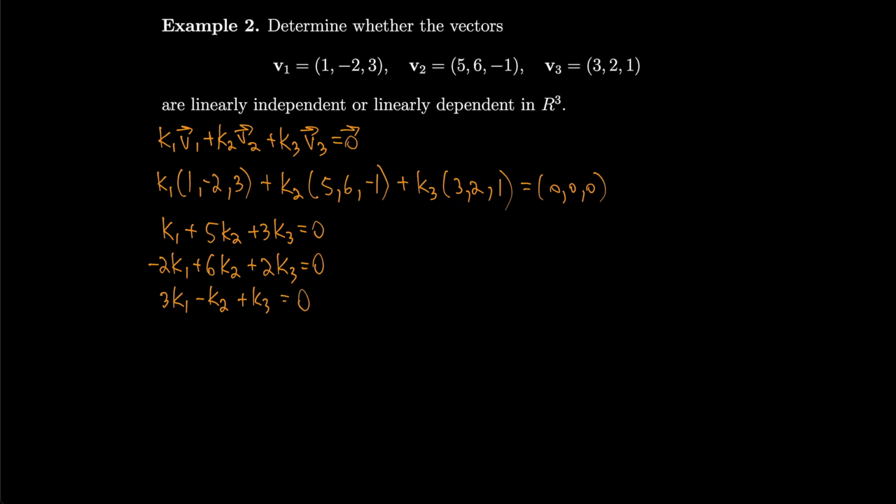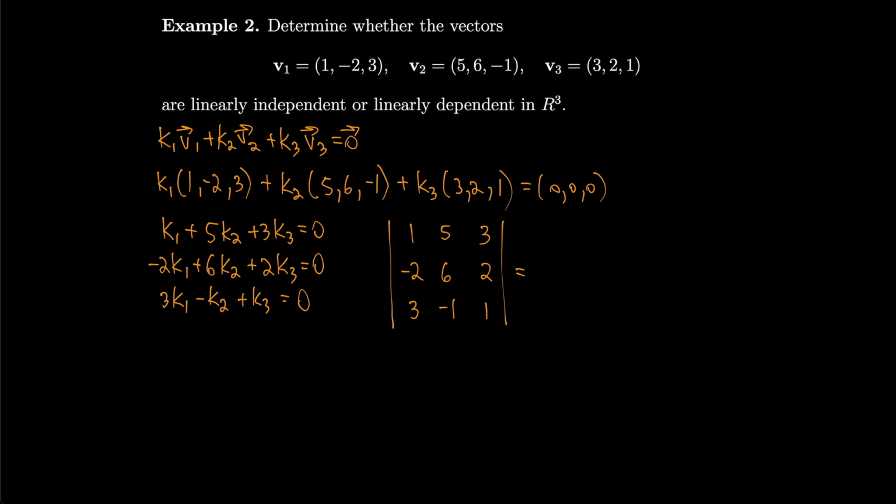And if I want, I can take a look at the coefficients of this. How about we take their determinant? So that's 1, 5, 3; minus 2, 6, 2; 3, minus 1, 1. I'm just taking the determinant of the coefficient matrix.